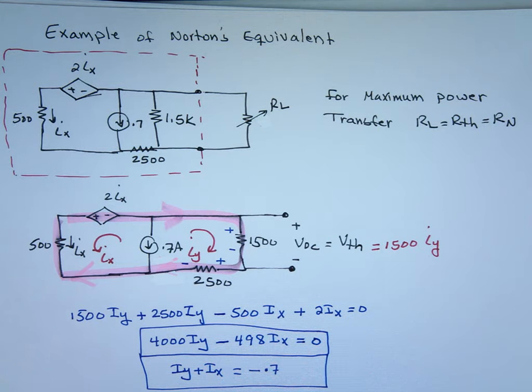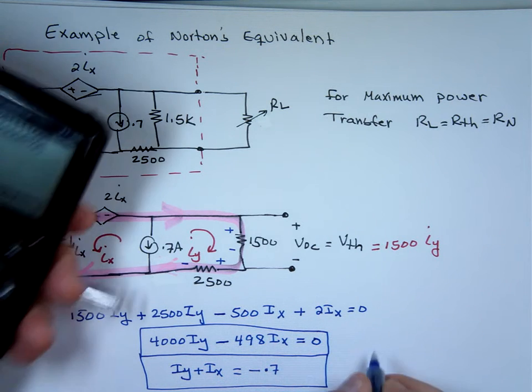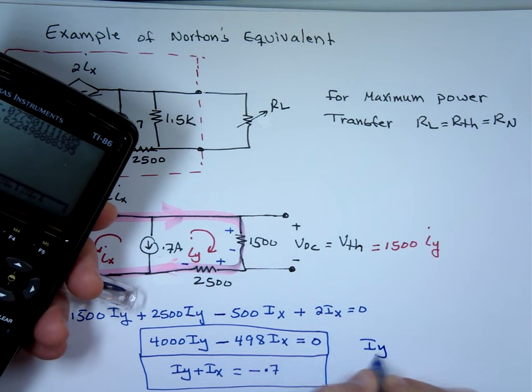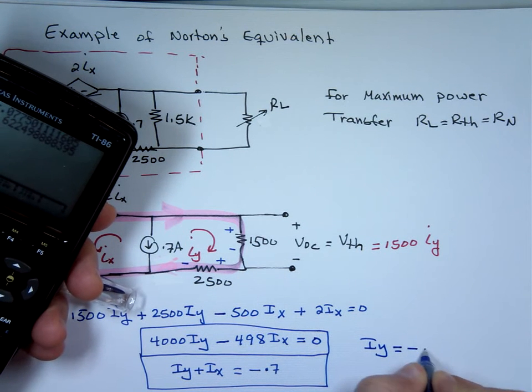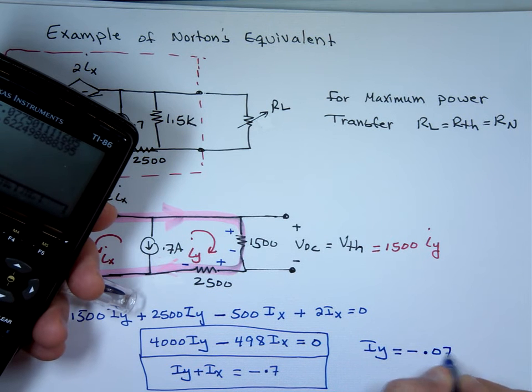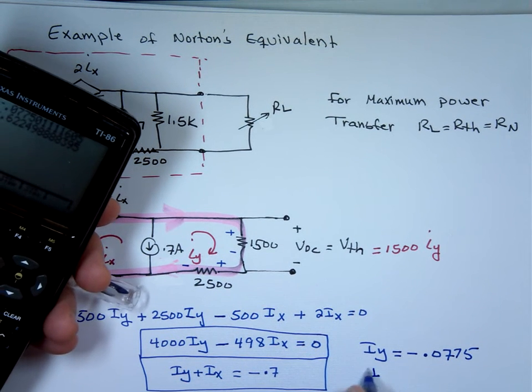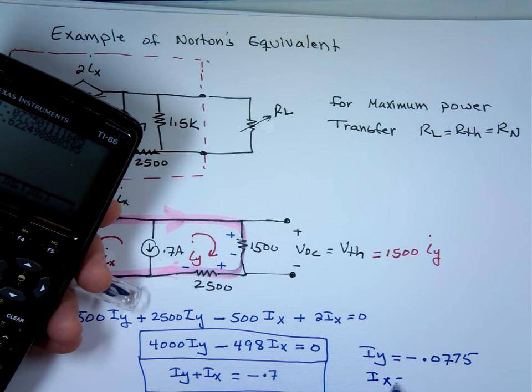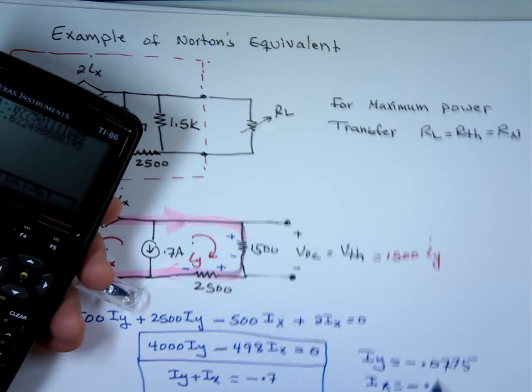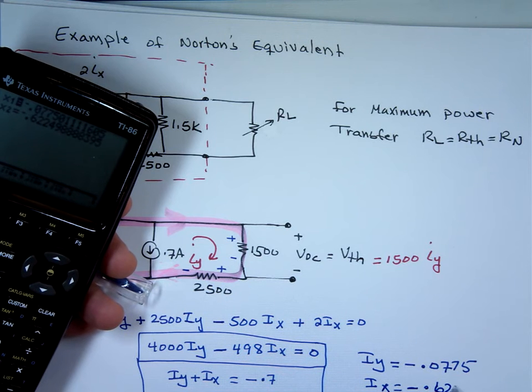And I got I sub y here to equal negative 0.0775, and I sub x equals negative 0.6225.